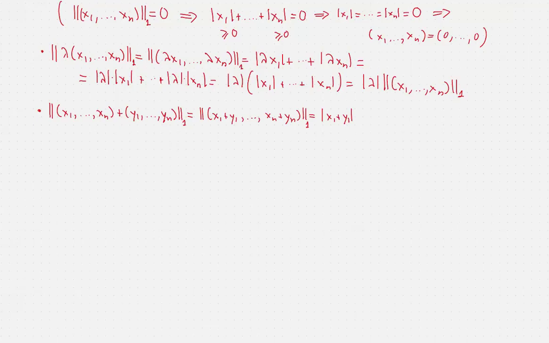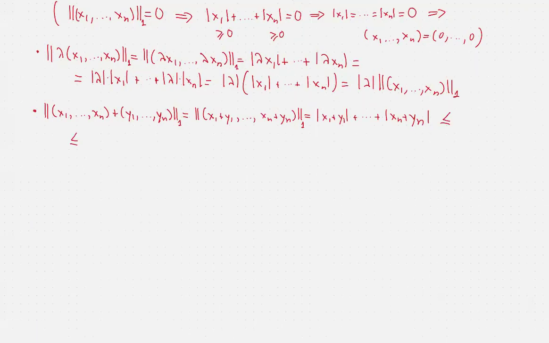And here's the crucial part. This is less than or equal to what? Think about it. The first term is less than or equal to absolute value of x1 plus absolute value of y1. Why? Because this is true for real numbers. There are different ways of checking this for real numbers, even by using the properties of absolute values, that any number is between its absolute value and the opposite of the absolute value.